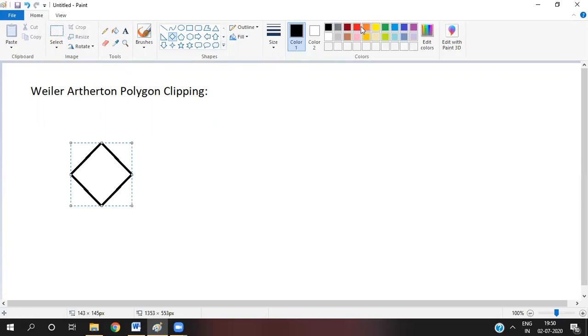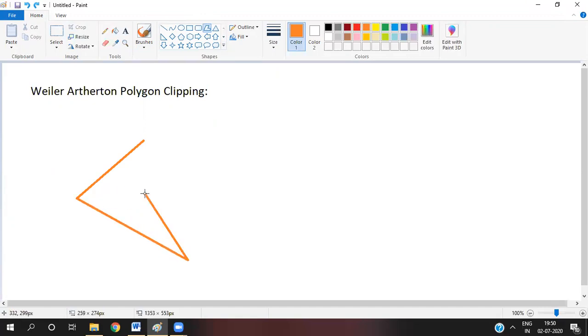If you are moving in a clockwise direction like this, and moving from outside to inside, I will draw a concave polygon, because there is an issue with concave polygons.